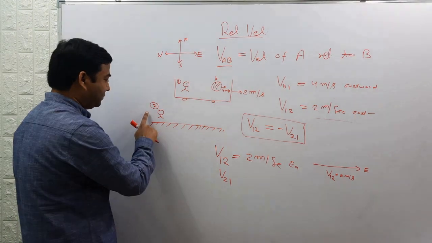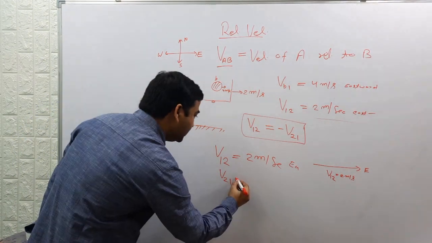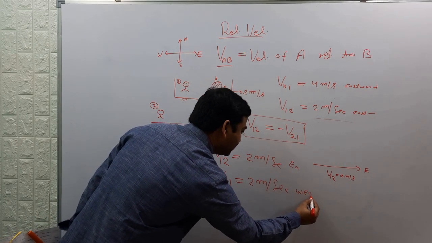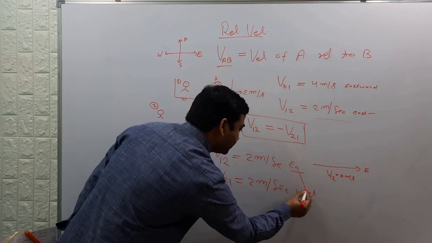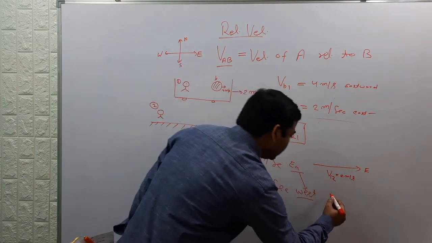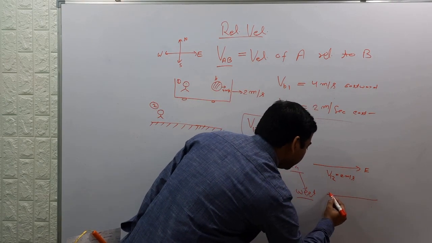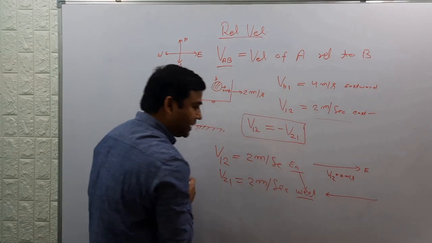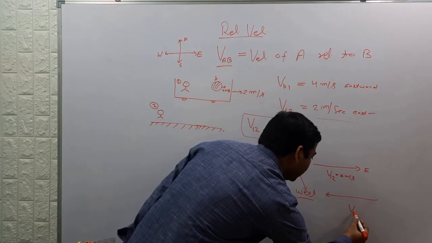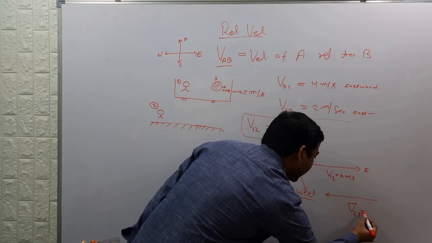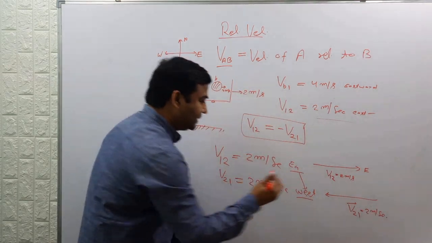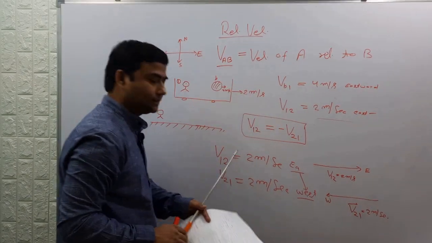So V21, that is velocity of 2 with respect to 1, is also 2 meters per second but in west direction. We will represent the V21 vector. V21 is represented by this. This arrow will be in west direction. This vector is V21 and its magnitude is also 2 meters per second, but its direction is toward west.